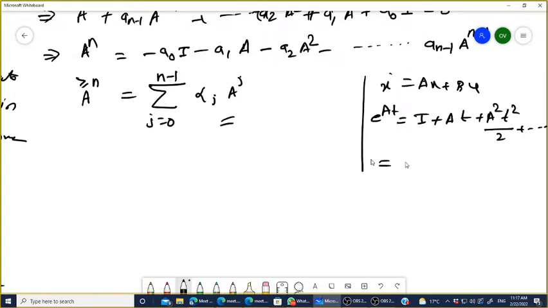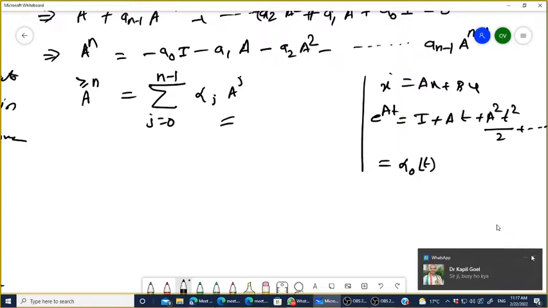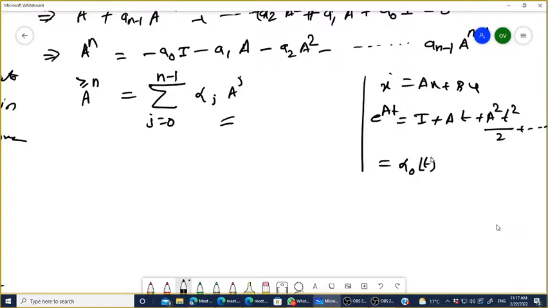You can write here alpha 0 t I plus alpha 1 t A plus alpha 2 t A square and like this plus alpha n minus 1 t A to the power n minus 1. We can write here, yes or no?